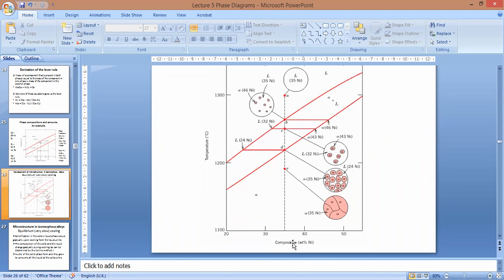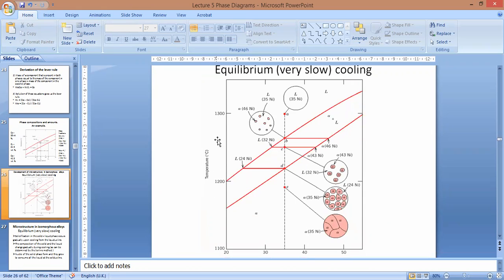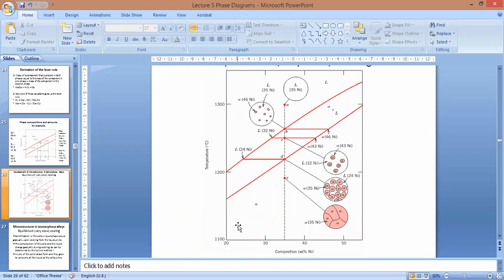This is for nickel, just one component here, and we have temperature here on the left, in degrees Celsius. Then we have weight percent for nickel here.